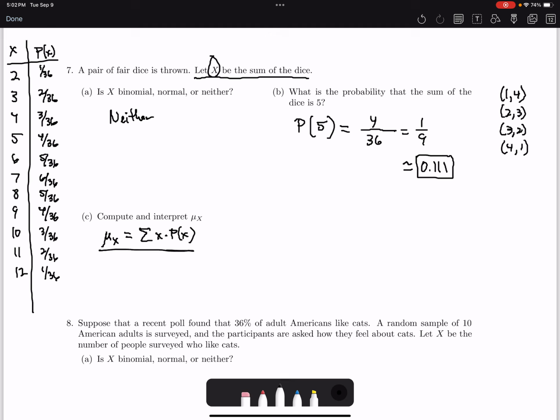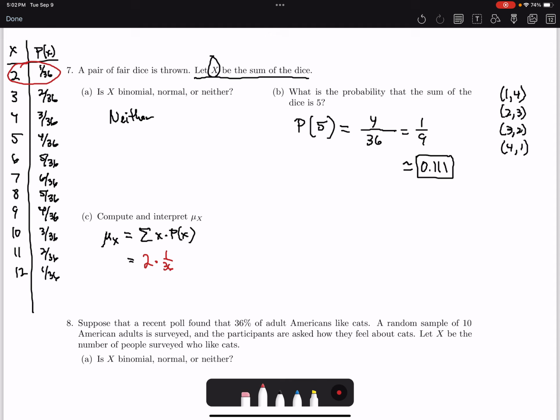because what we really came here to do was to compute the mean. So let's get to that now. Let's try to compute the mean of this distribution. So we're going to do the sum of all the x times p of x's. For our first possible value, it's going to be 2 times 1 out of 36.